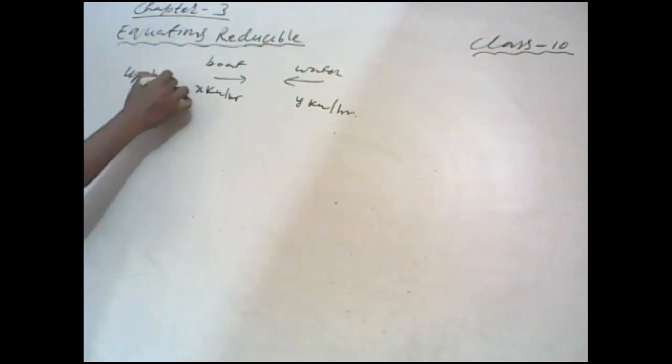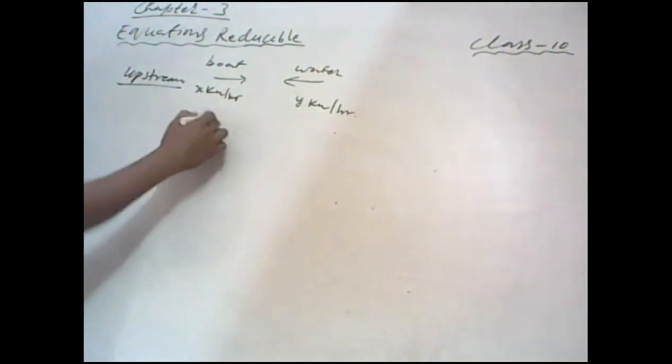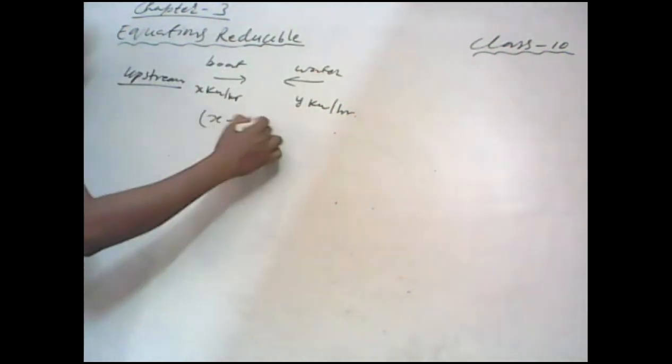Upstream means the boat floats against the direction of water. So what is the resultant speed of the boat? That is x minus y kilometer per hour. That is the resultant speed in upstream. That is the meaning of upstream.